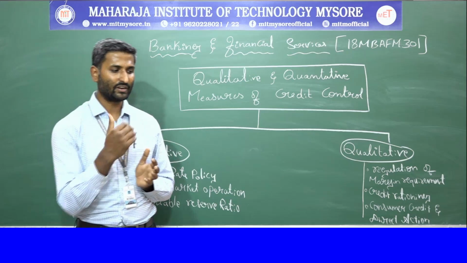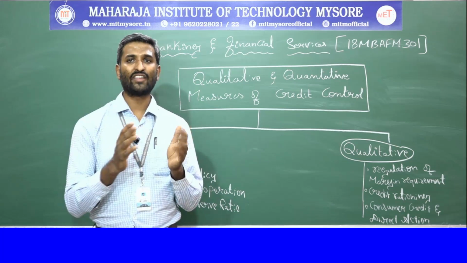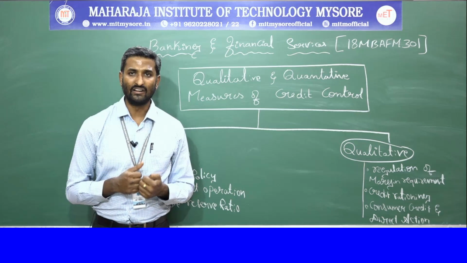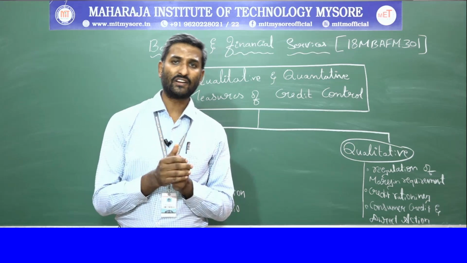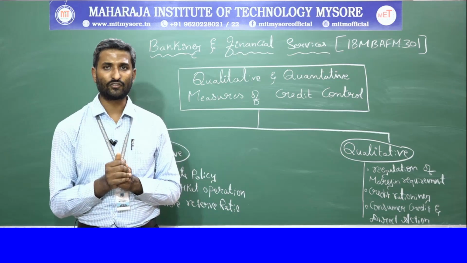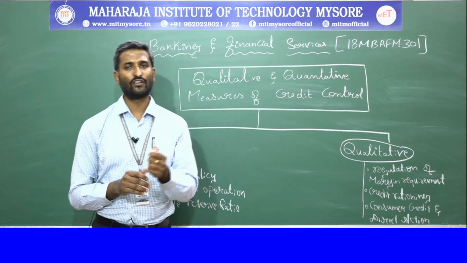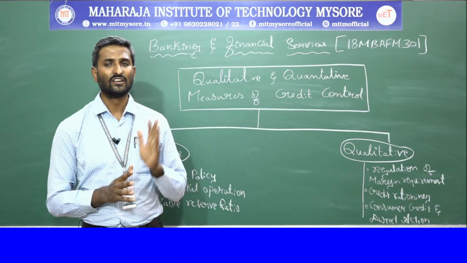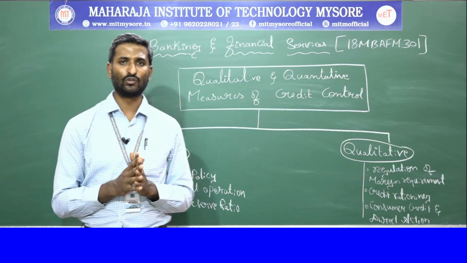Whatever business we do, based on the transaction, we can take loans. So that is also one of the considerations for providing loans to consumers, designed to check the flow of credit for consumer durable goods.